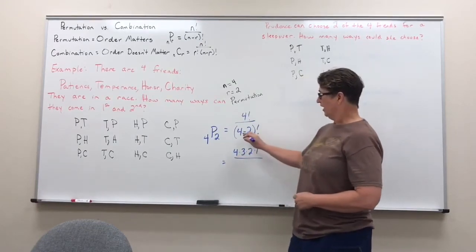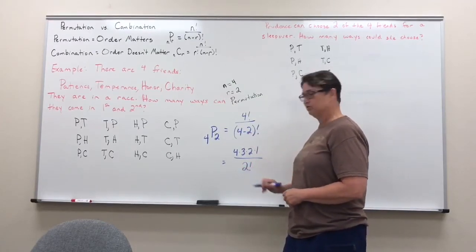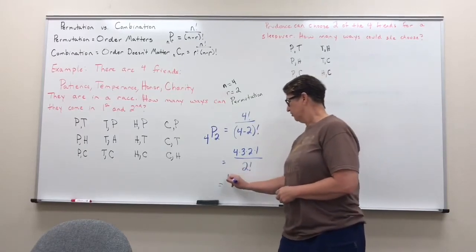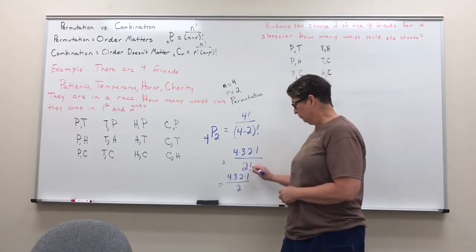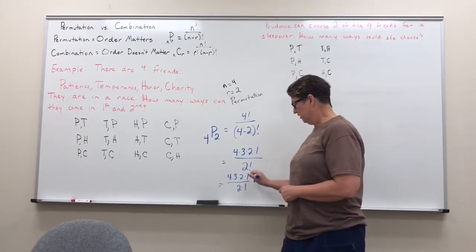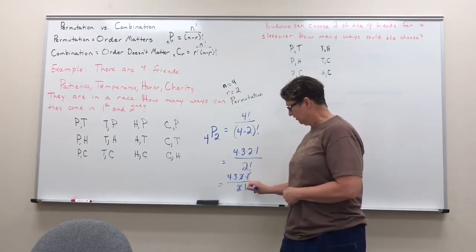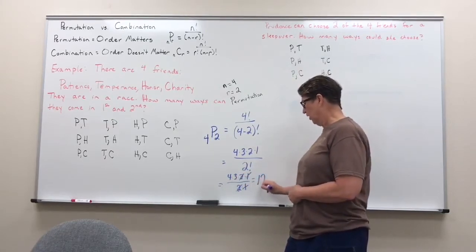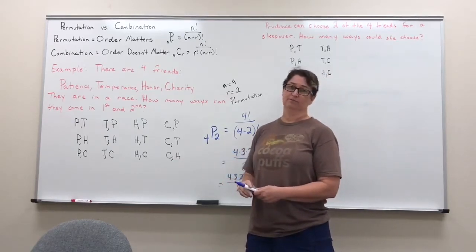On the bottom here I have 4 minus 2, or 2 factorial. I'll go ahead and write that out. So that 4 times 3 times 2 times 1 over this factorial means 2 times 1. This 2 divided by that 2 gives me 1, and 1 divided by 1 gives me 1, so that I end up with just 4 times 3, or 12 different ways. Hey, we found all 12 of those ways.